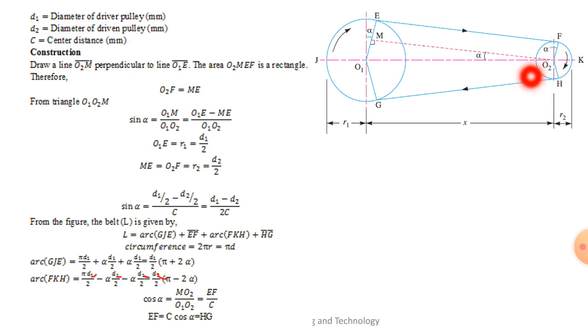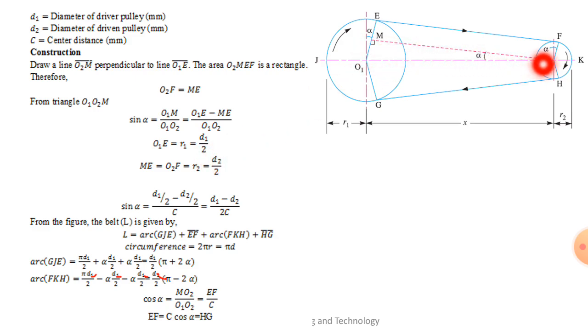Now one of the important constructions: you have to draw a line O2M that is perpendicular to line O1E. You can see here one dotted line that you have to draw, such that the line is parallel to EF. O1E is nothing but the radius of the driver pulley, that is R1, which is D1 by 2.